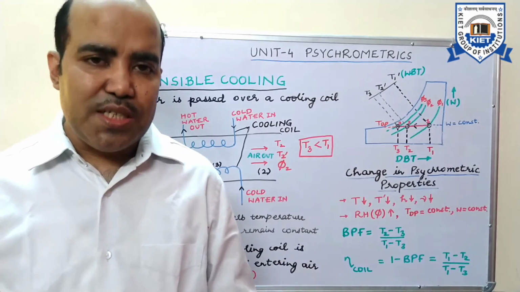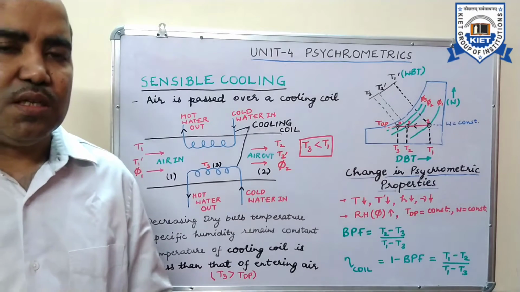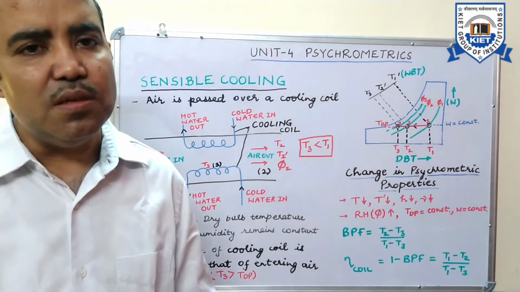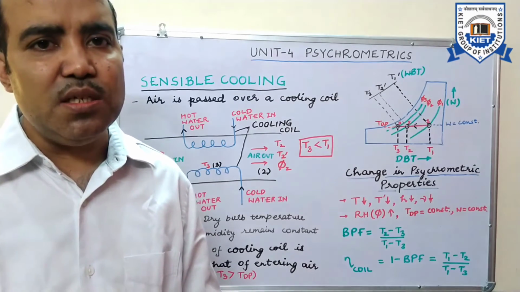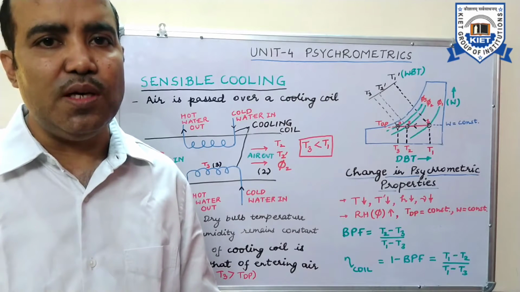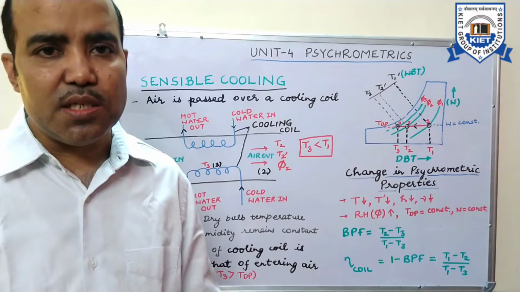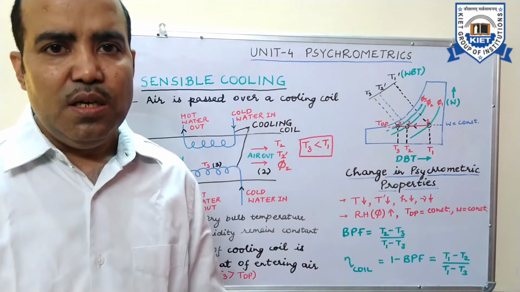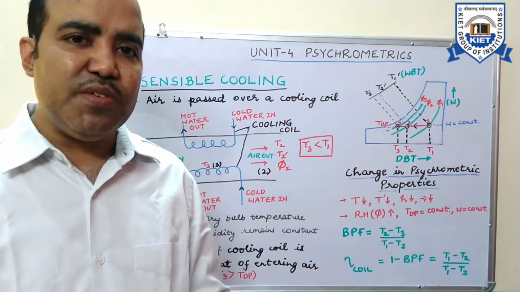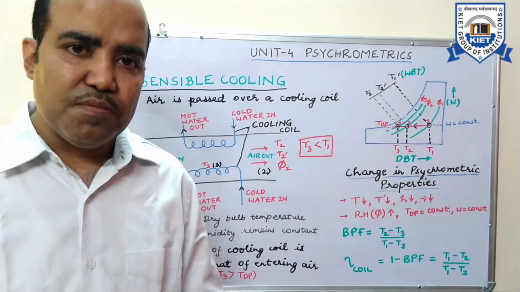So the sensible cooling process is a psychrometric process in which the moist air is made to pass over a cooling coil such that the dry bulb temperature of the air decreases, and the specific humidity remains constant.